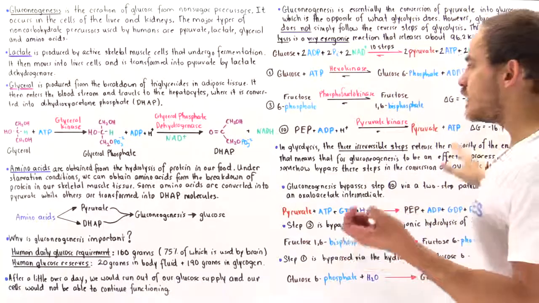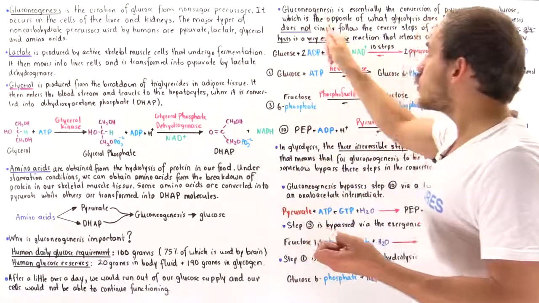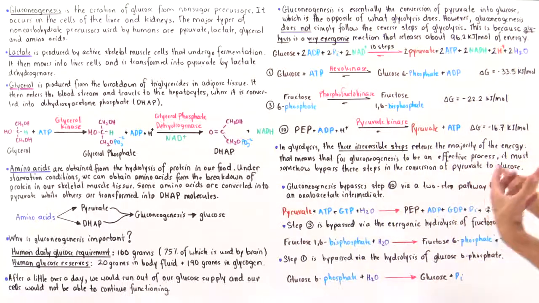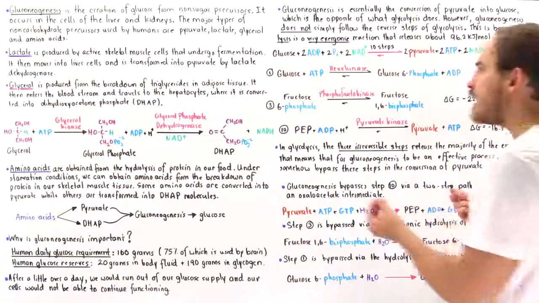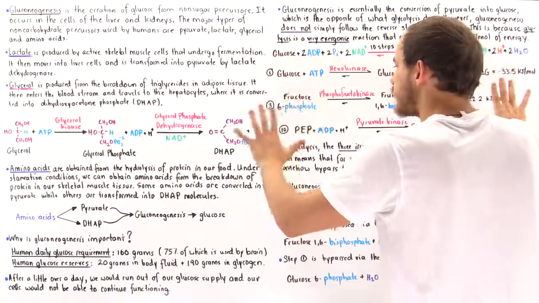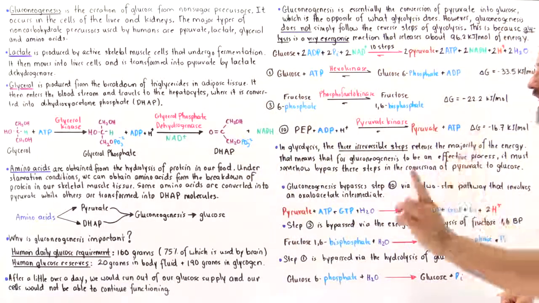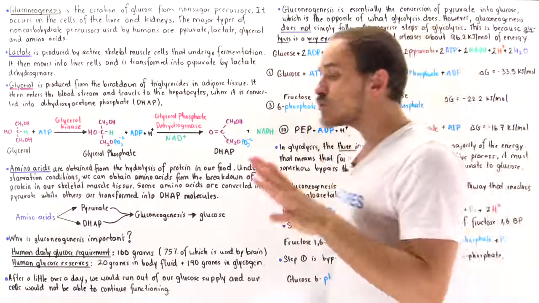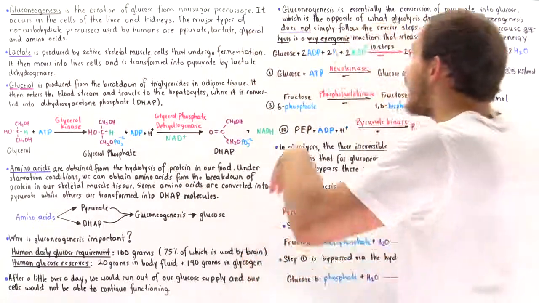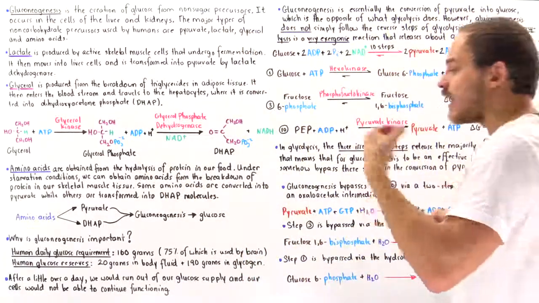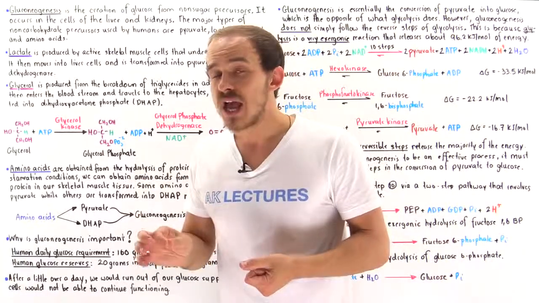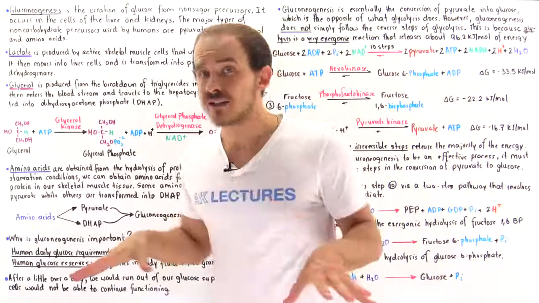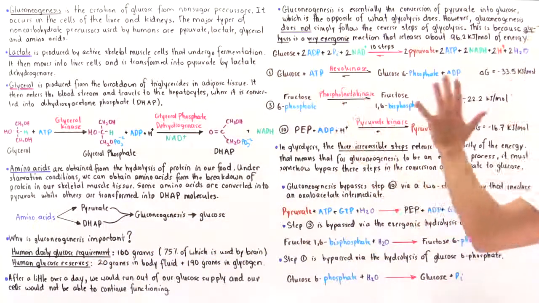So what that basically means is, for gluconeogenesis to actually take place effectively, it must somehow be able to bypass these 3 steps. In fact, that's exactly what happens. As we'll see in a future lecture, gluconeogenesis and glycolysis actually have 7 steps in common. But 3 steps are not in common, and it's these 3 steps.